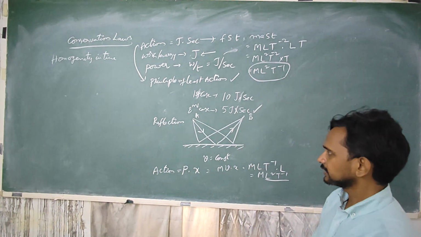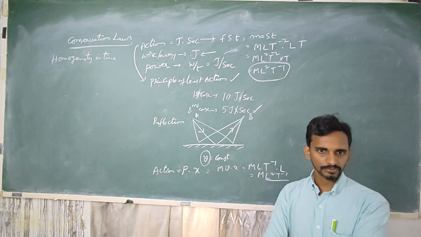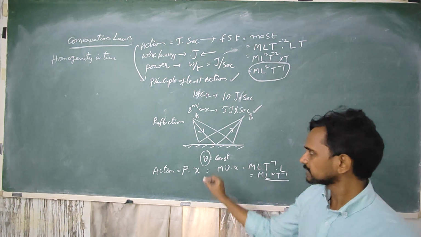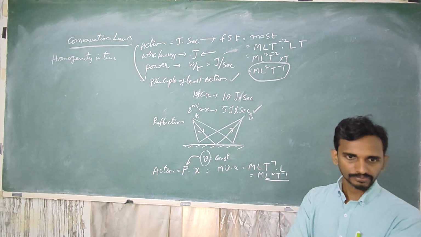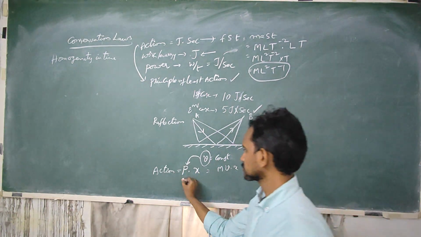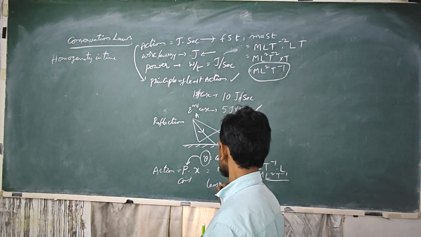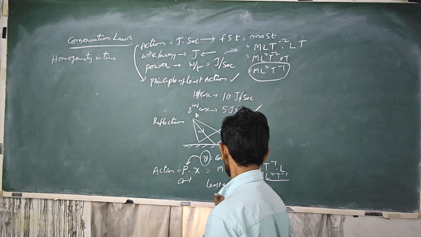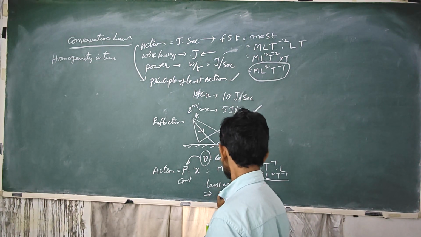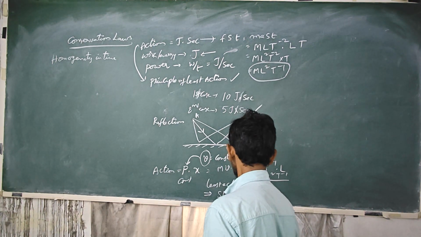So now what is the condition here? Velocity is constant. So once velocity is constant, momentum remains constant. So this is constant. So least action path implies shortest distance.